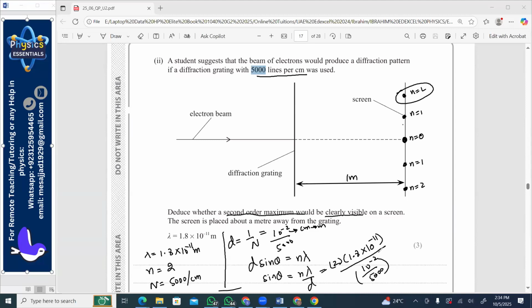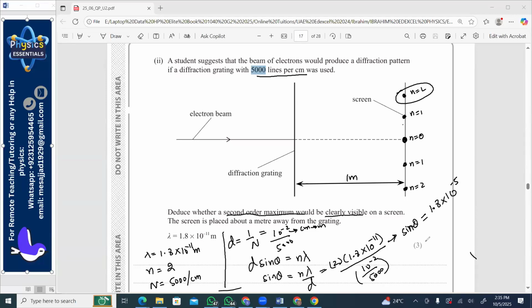So from here, sine theta is equal to 1.8 into 10 raised to the power minus 5.